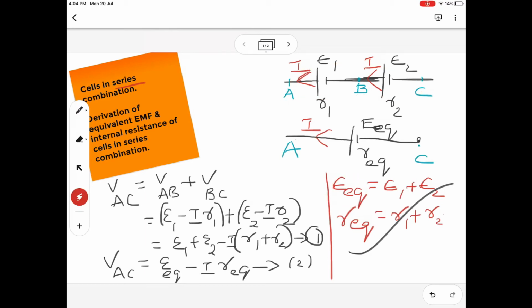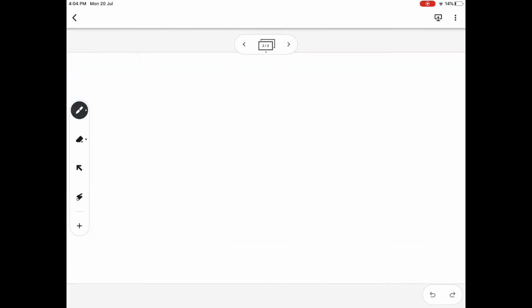And the conclusion regarding equivalent internal resistance is that it is the mere sum of the individual internal resistances, as the cells are in series combination. Here you can note that the resistances combine as in the case of usual resistances in series combination. So if there was a third cell, then R equivalent would be R1 plus R2 plus R3.